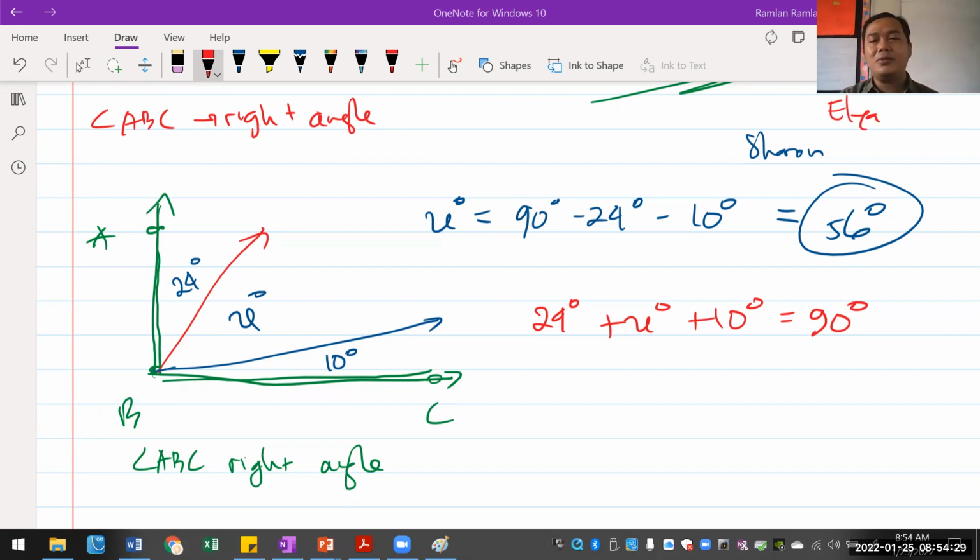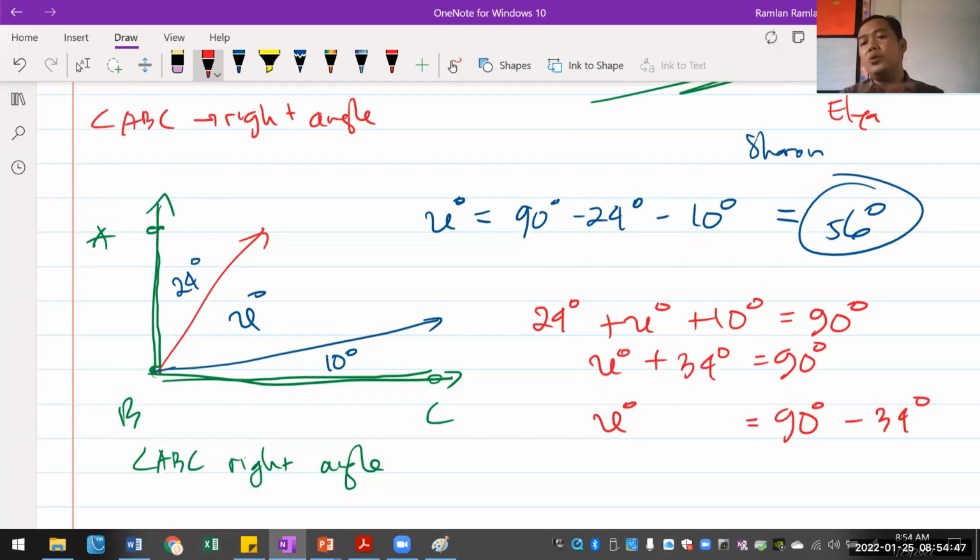So again, there are a couple of ways to do this. I'm going to add this 24 and 10 first before I move it to the right side. So I will get x degrees plus 34 degrees equals 90 degrees. Then this needs to move to the right side, and because this is addition, if you move it, it becomes subtraction, because the opposite operation of addition is subtraction.